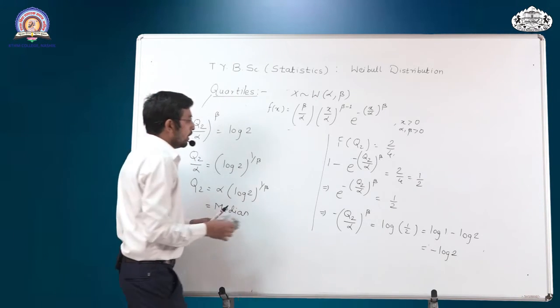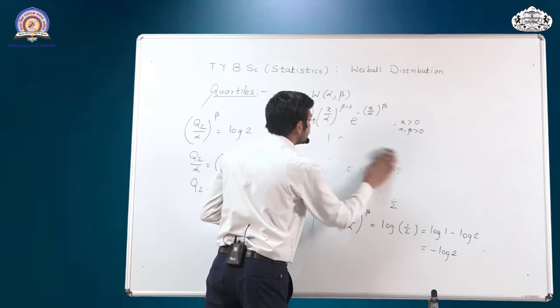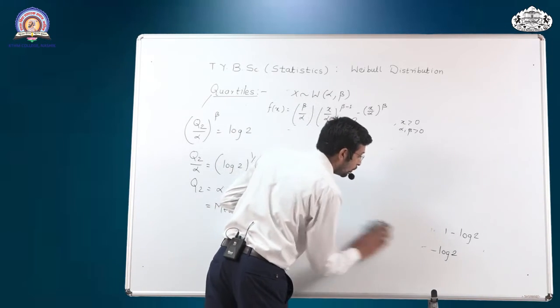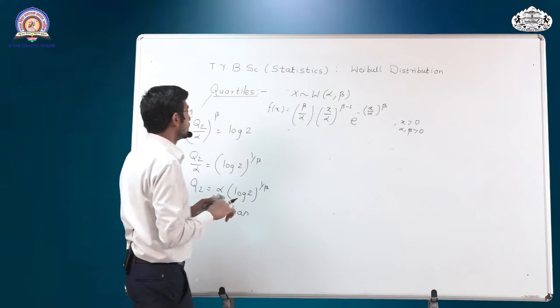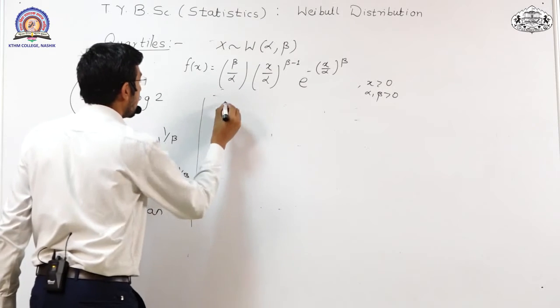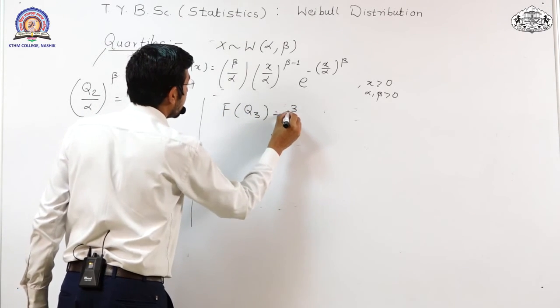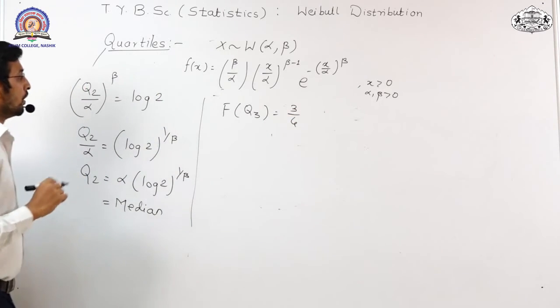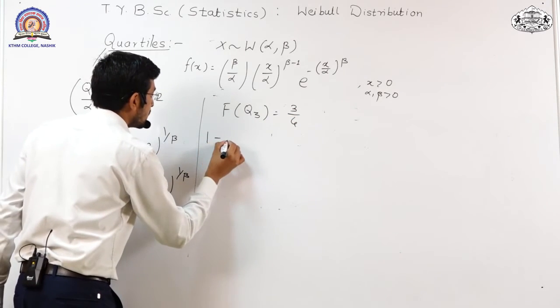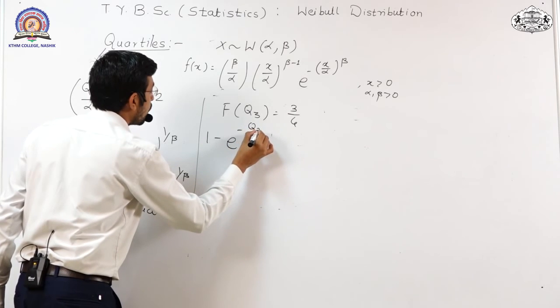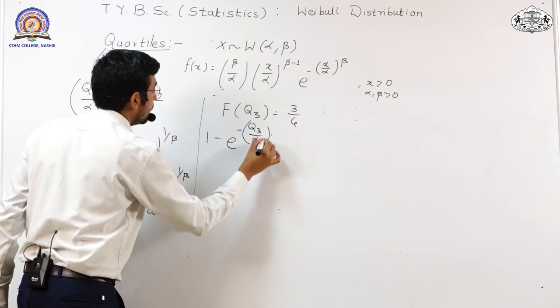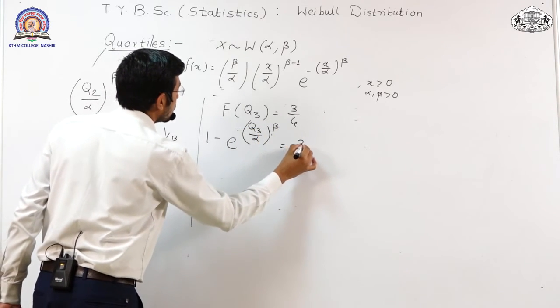Now in the same way we want to find the third quartile. So your third quartile is defined as F(q3) is equal to 3 by 4. So 1 minus e raised to minus (q3 upon alpha) raised to beta is equal to 3 by 4.